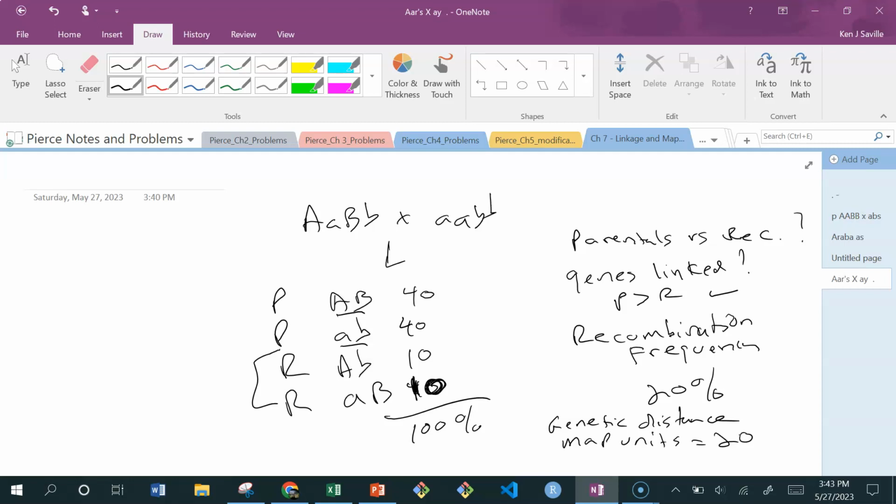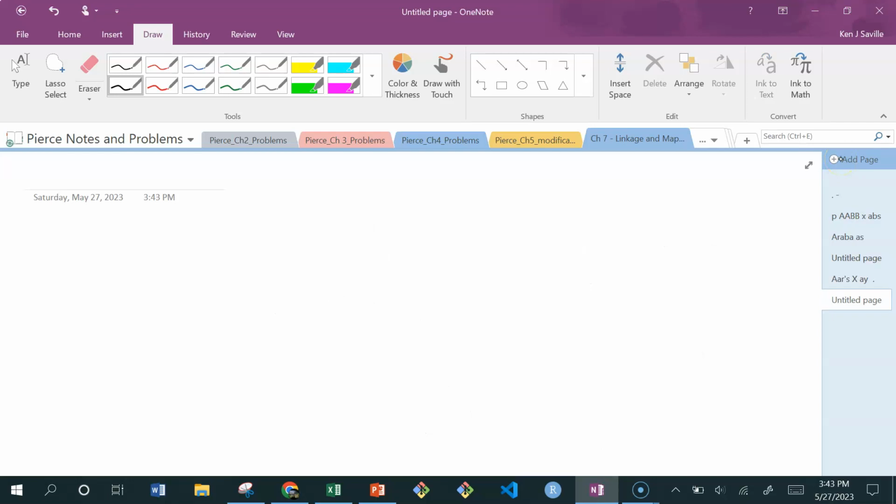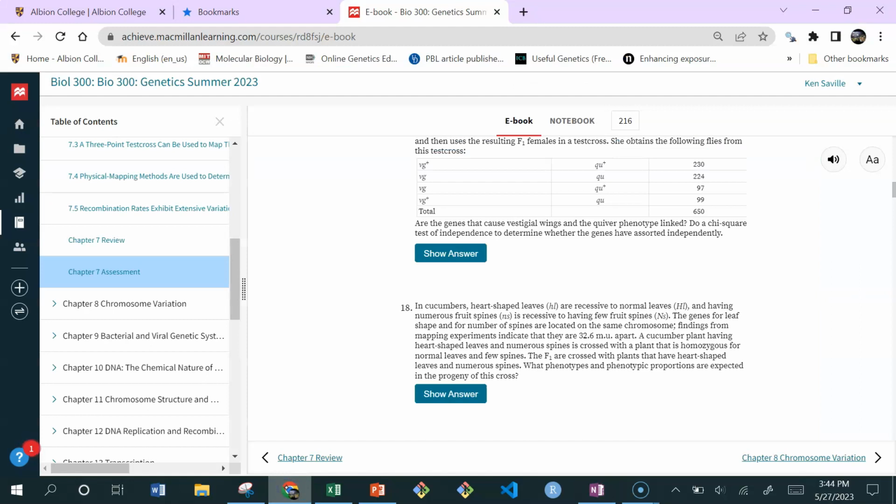So let's look at a problem, or an example at least from the book. So they crossed two things, and I forget what it was exactly. I wrote down the symbols, but not. Let's go back and look at the book.